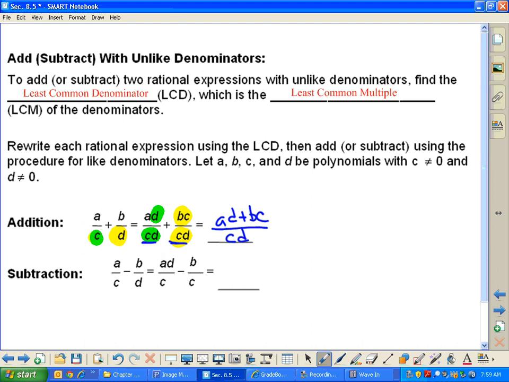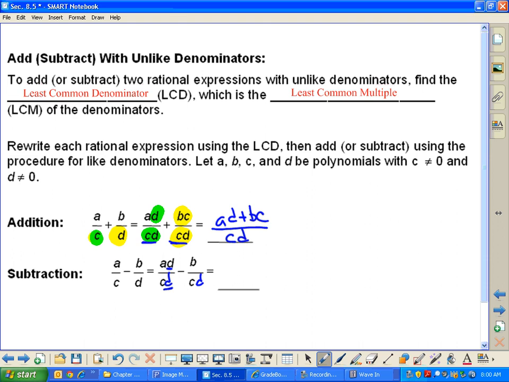You'll see that in the subtraction line, though, they make you work for it a little bit. If you wanted to subtract A over C minus B over D, you've got to get the common denominator, which would be C times D in this case. And then when you rewrite that bottom by multiplying on a factor of D, what you do to the bottom you have to do to the top. So the D goes to the top.